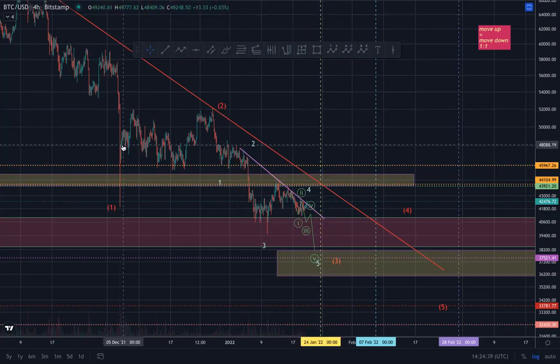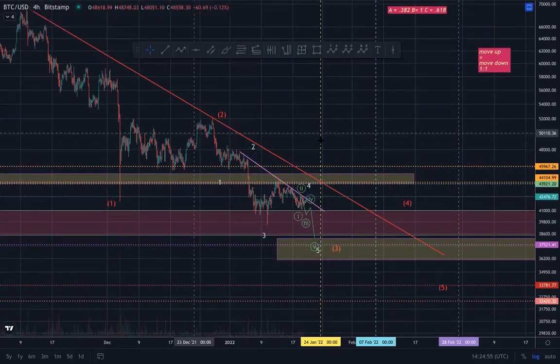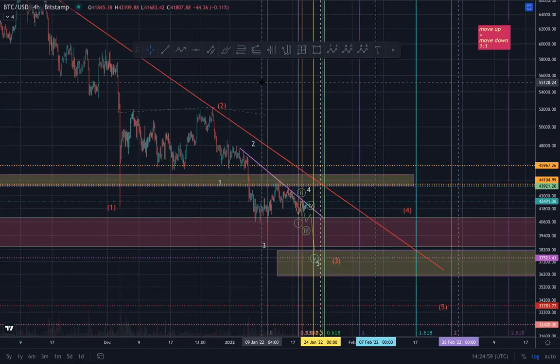But the fact that this wave here would relate to this distance up to the 25th from here on the 10th of January, that would be 61.8%. That seems fair. I could handle that kind of a move. But 1-to-1 brought us all the way out to February.